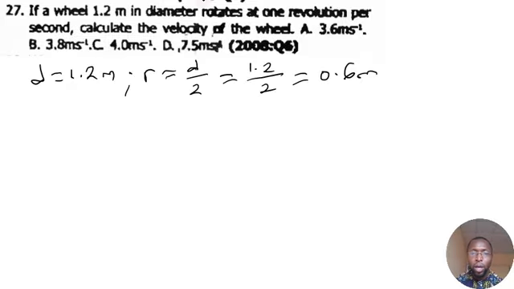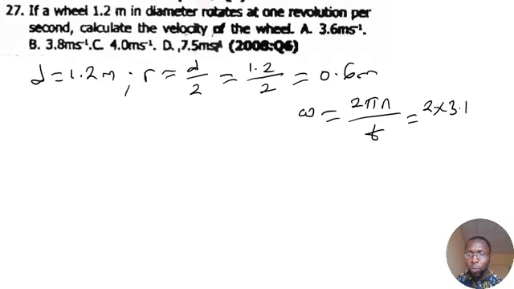So it rotates at 1 revolution per second. 1 revolution per second means that is angular speed. So angular speed by formula is also 2 pi n over t, right? That's another formula for angular speed that we learned in our last class. So that will be equal to 2 times pi, which is 22 over 7 or approximately 3.142, times n, where n means number of revolutions.